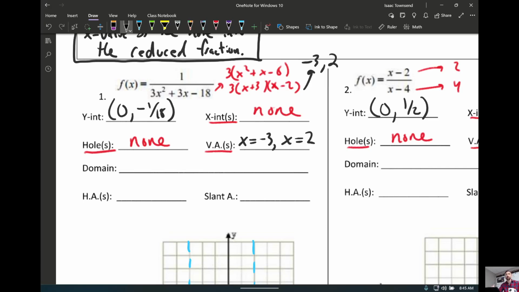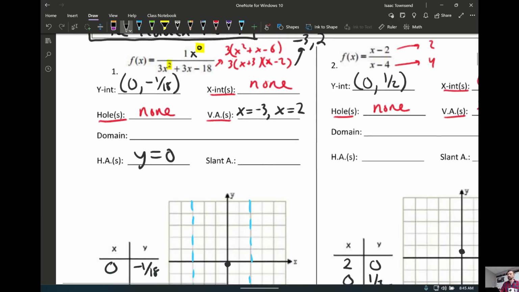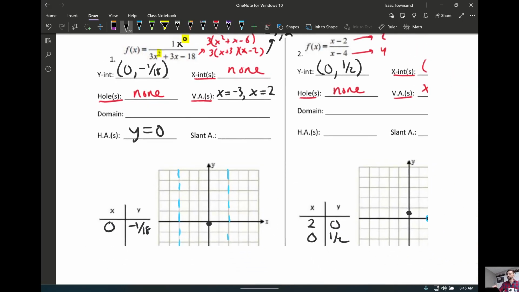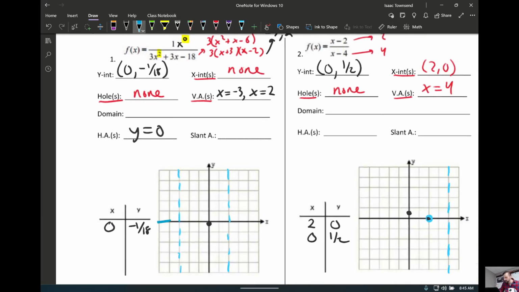The degree of the denominator is 2. If it helps you, you can do x to the 0 if you need to see its degree. But when the degree of the denominator is bigger, it has a horizontal asymptote of y equals 0. That's an asymptote, so we should graph it as a dashed line.